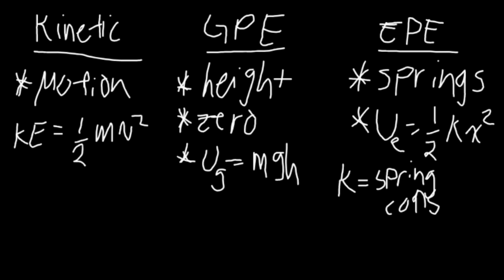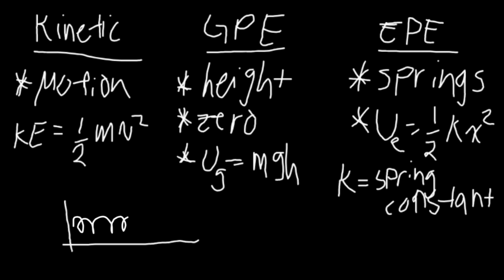And x is going to be the displacement from equilibrium. So say you have a spring against a wall. This is its natural length, and you extend it a distance here to that second dashed line. This will be x. Now note, x is not the length of the spring, it's the distance that you stretch it from its natural length. So do not get those two values mixed up.